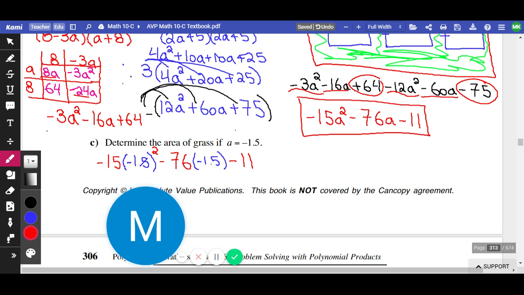It's a little confusing. You'll get used to it as you use it more and more. I get 69.25.